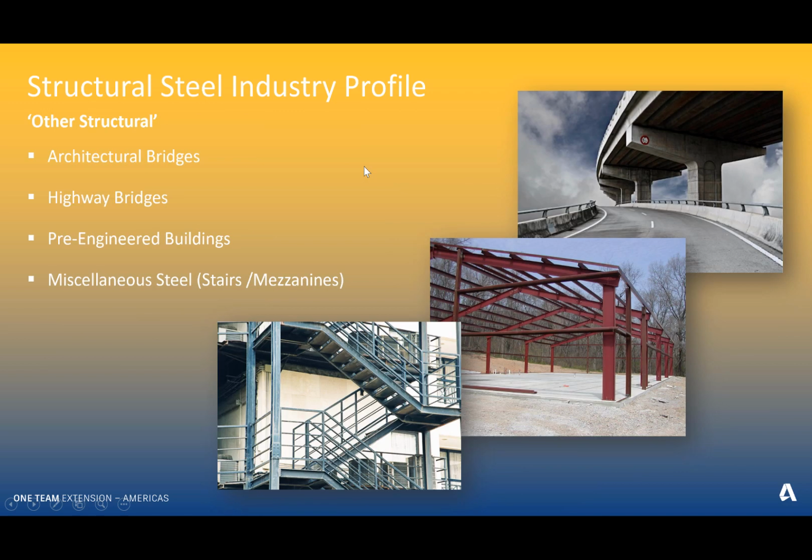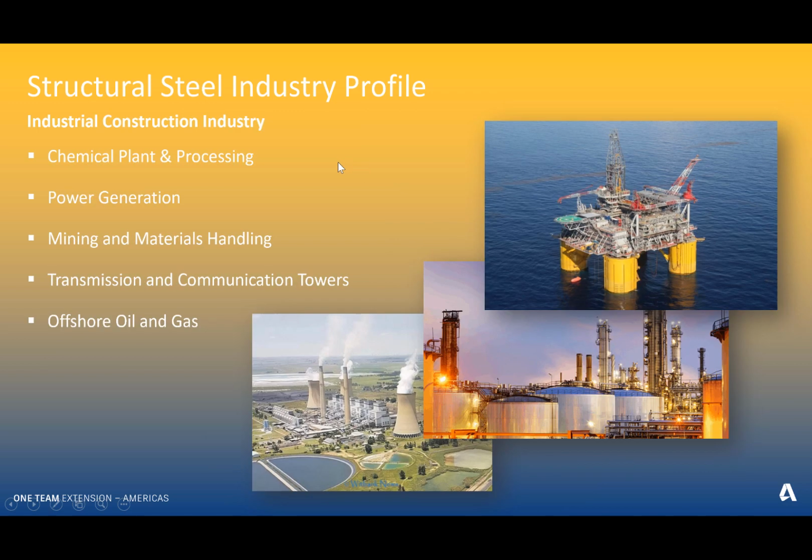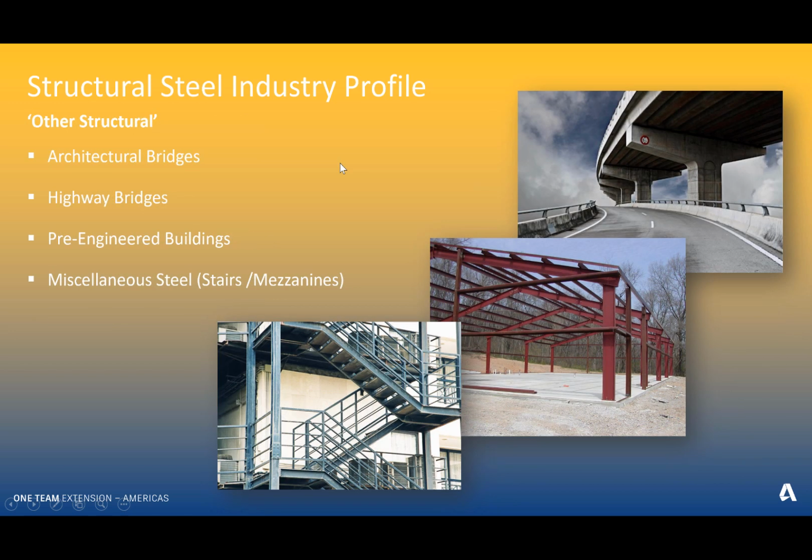I mean, the list goes on and on. And that was the industrial connection side of the construction industry there. Now, we also have our bridges, the highway bridges, architectural, pre-engineered buildings, and this year in 2020, they've given us the capability to actually run rebar through our precast stairs. So that's nice that they're integrating that as well.